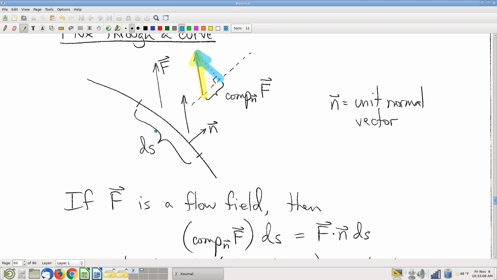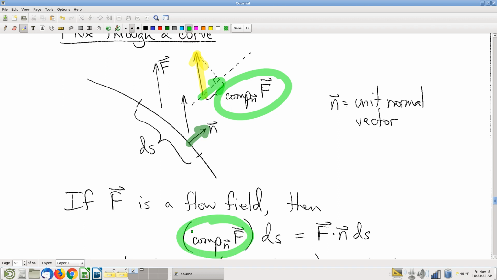So all we really care about then, in fact, is just the part of the vector field representing the fluid flow that's in the direction of the normal vector, namely the part that's perpendicular to the surface, to the curve. And that component, the bigger that component, the more flux you get.